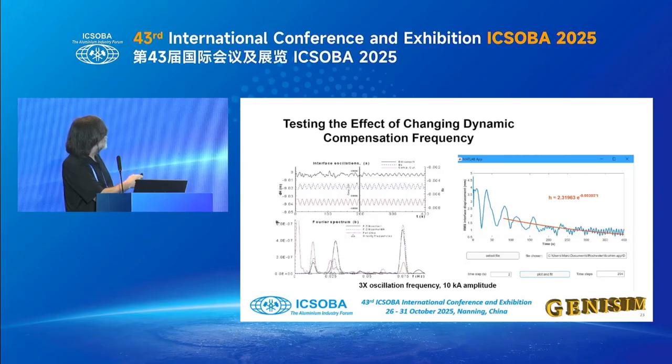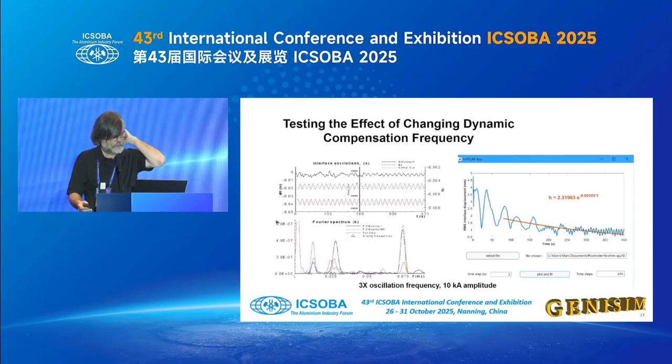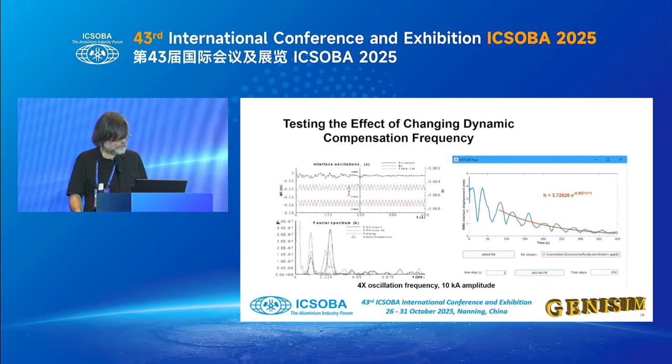So it is damping, and after that what's left here is the oscillation that I'm forcing. So the damping is better than you will achieve without doing this kind of compensation. So this is 3x. It's not the best. The best is 2x. But now I will present 4x first.